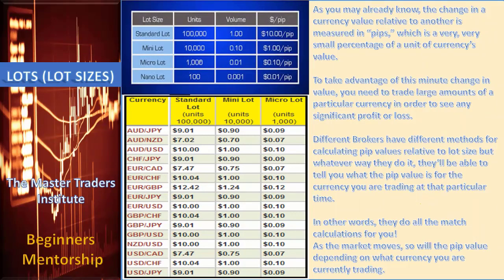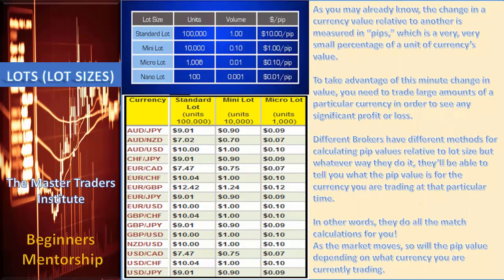Because if you use 0.01, and this lot size is determined by the account size you have. If you have anything less than $500, I would advise you to use 0.01 to 0.02, nothing more than that, depending on your stop loss. But if you trade a certain way and you become a professional, you can use 0.1 on maybe a $200 account, depending on your stop loss.